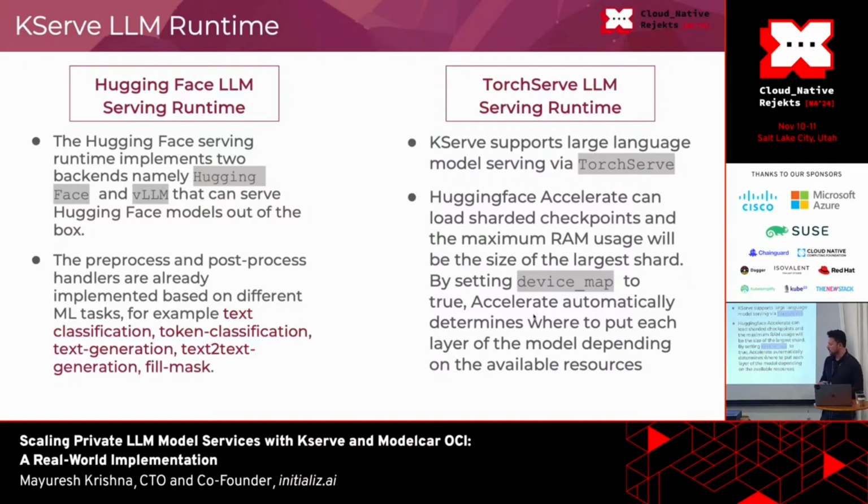But some of the common tasks on these LLM models are supported out of the box by the Hugging Face LLM runtime. And then the other one is the KServe LLM serving runtime, which gives you the ability to run your KServe ML runtime as an LLM runtime on KServe itself.